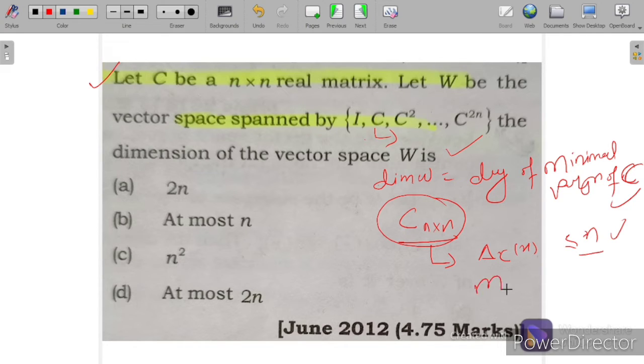So the minimal polynomial of the matrix C has degree less than equal to n. So the dimension of W will be less than equal to n. That means the dimension of the vector space W will be at most n. So the B option is correct.